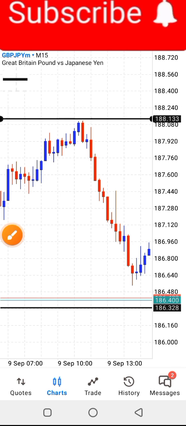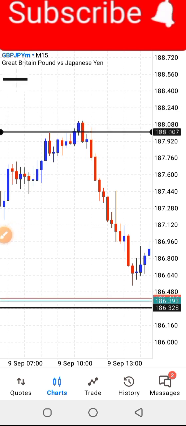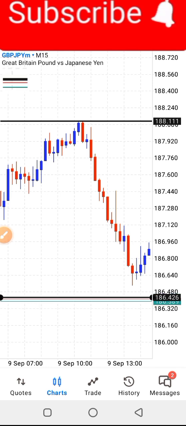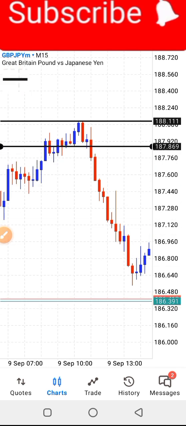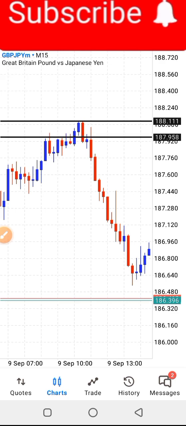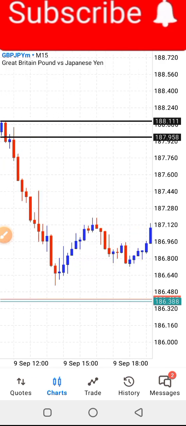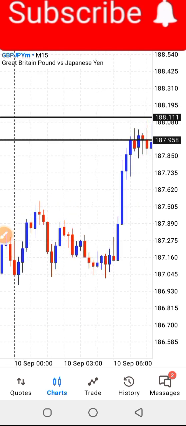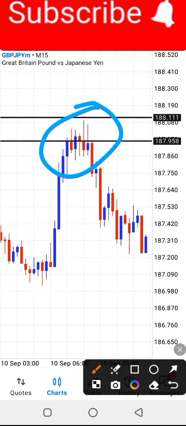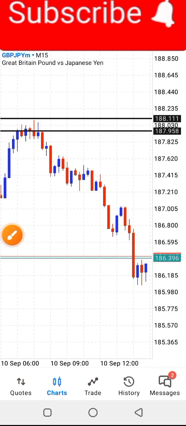In this case, this last bullish candle before that aggressive push to the downside is my supply zone. So I'm trying to mark it out. Right there I have my supply zone, then I'll wait for price to come back to that zone in order for me to enter a sell trade. And you can see how easy this played out in our favor, and it pushed in the downward direction.